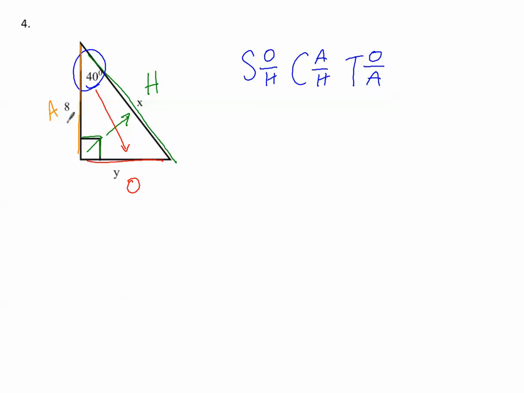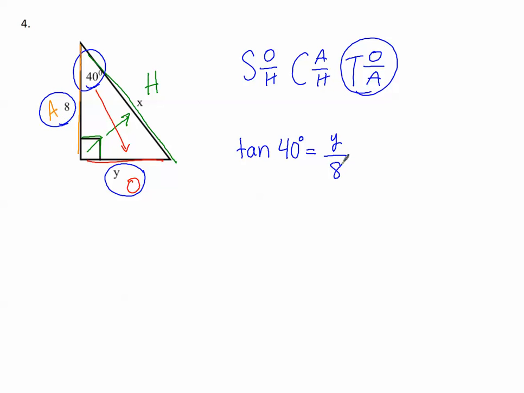Always use one side that we have and a side that we need. Now we need both the x and the y. Doesn't matter which one we find first. Let's go ahead and find the y first. O and A, that would be TOA. So let's write tangent 40 degrees equals opposite over adjacent. Opposite says y, adjacent says 8.